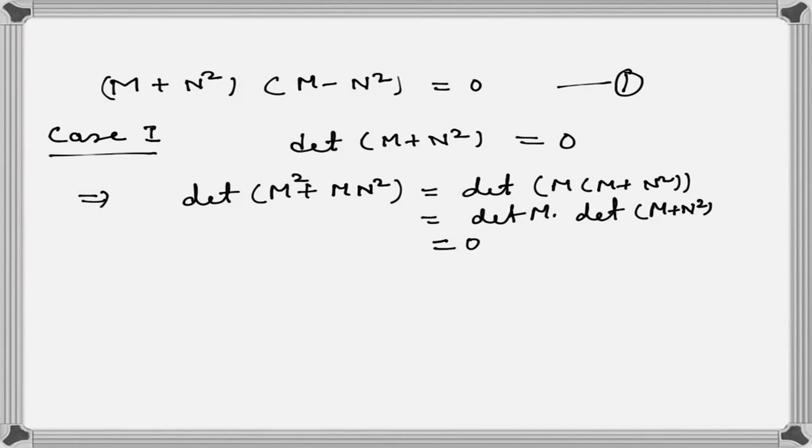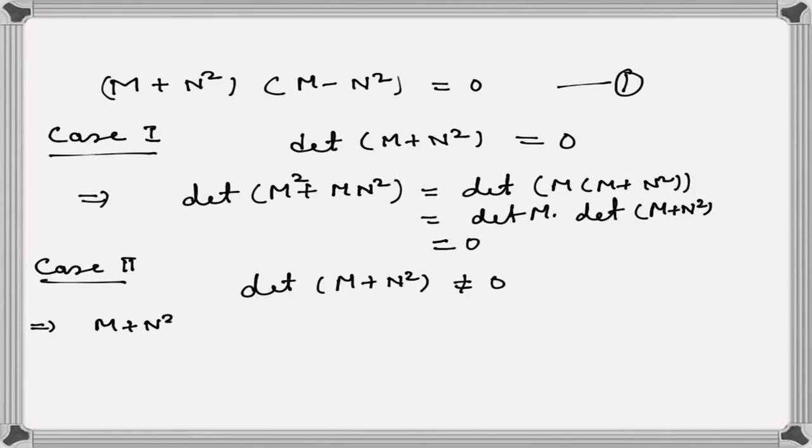But another case is also possible. That means case 2 is determinant of M plus N square not equals to 0. So these are the only two cases possible. If this is the case, this implies M plus N square is invertible. That means this inverse exists. Then we multiply equation 1 from the left with the M plus N square inverse.